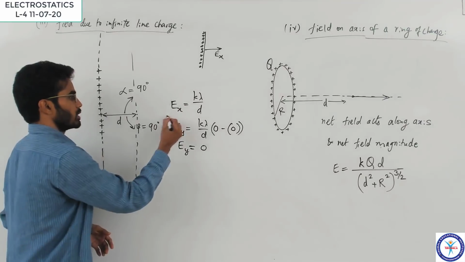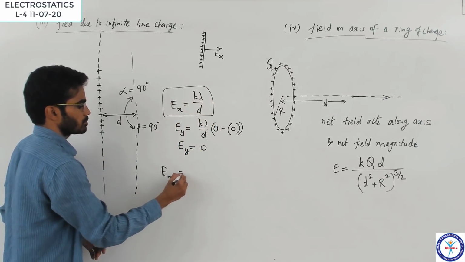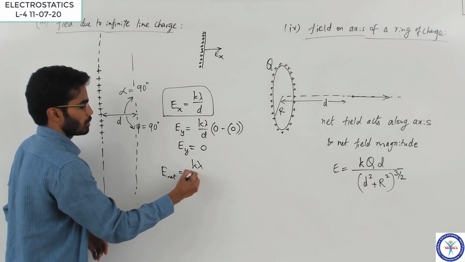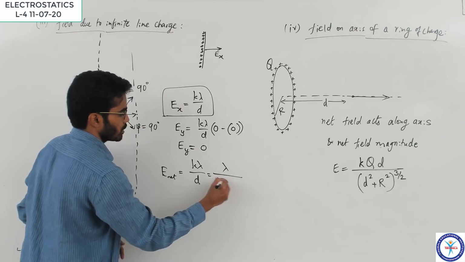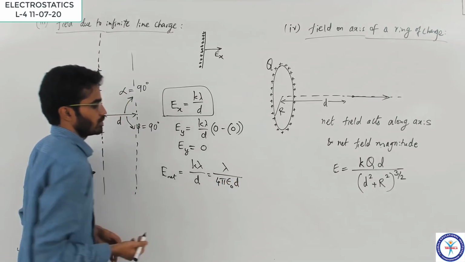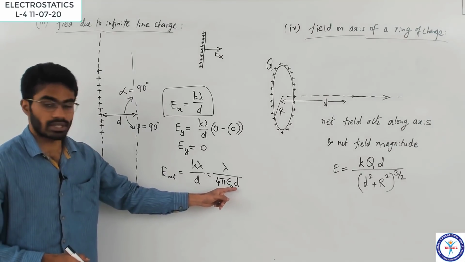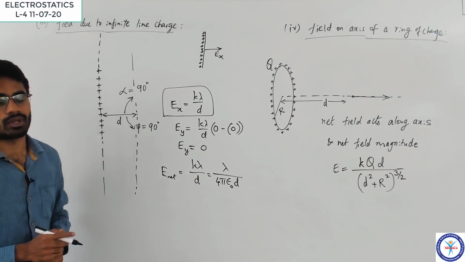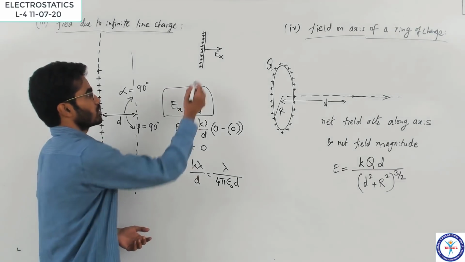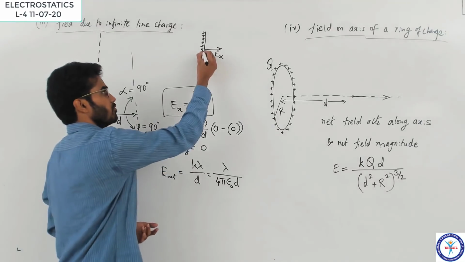Anyway, I want you to remember this. So the resultant field, E net, will be k lambda by d, or you can write it as lambda by 4 pi epsilon naught d, since k is 1 by 4 pi epsilon naught. So this is the field at a point which is at a distance d away from an infinite line charge, or it is the same thing for a finite line charge when the point is very close.